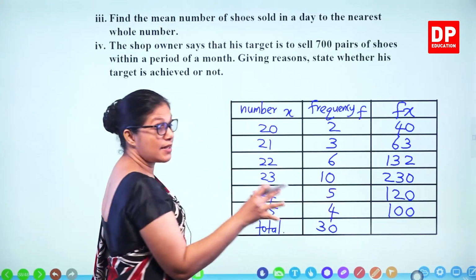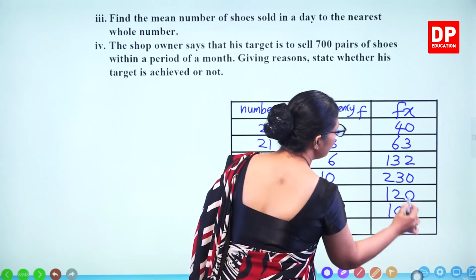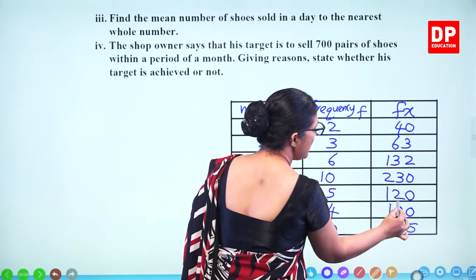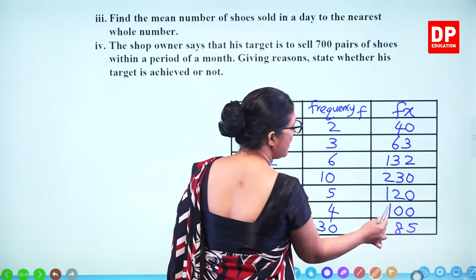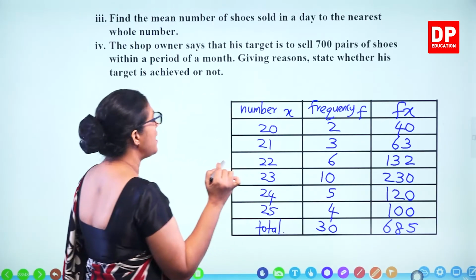Now we'll add it. We need the total of fx. 685.